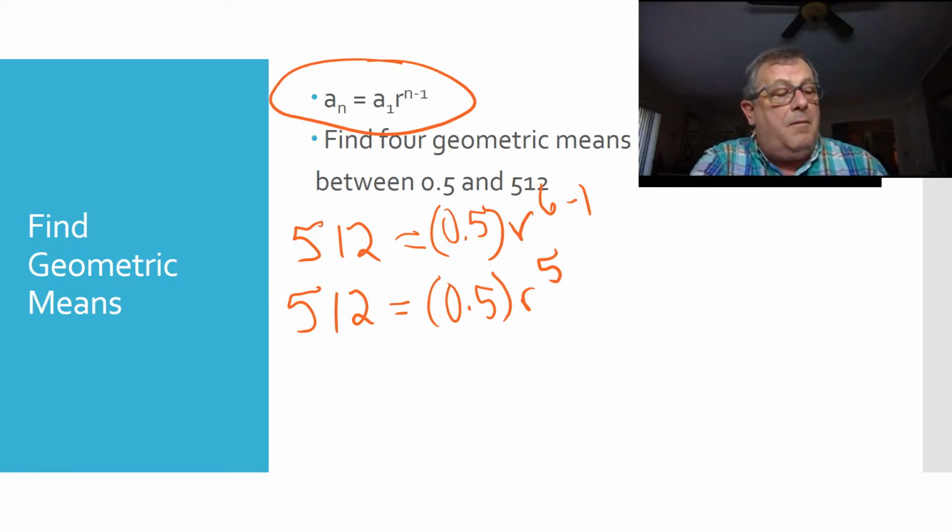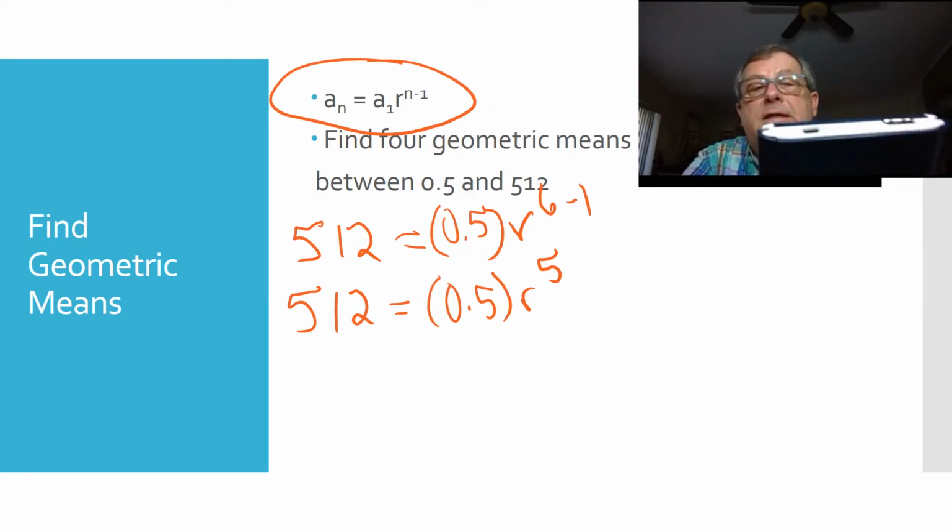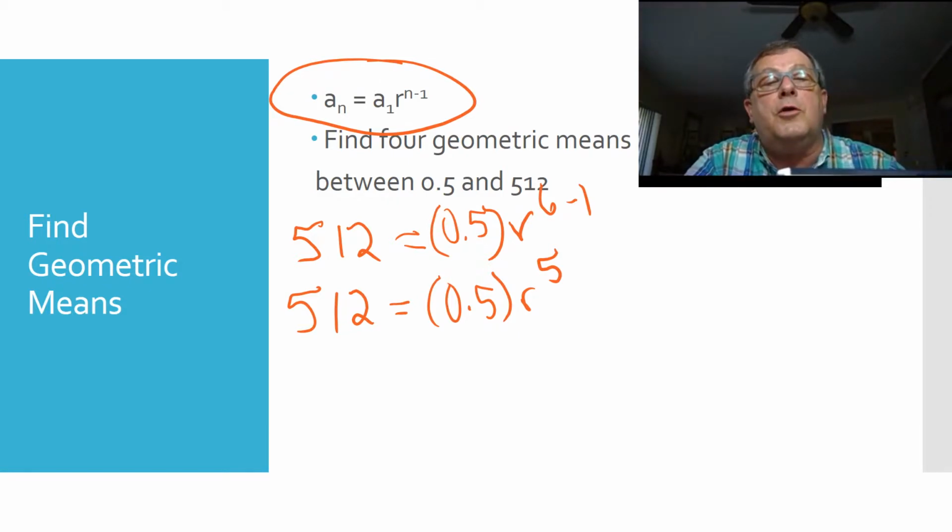But you see here that my common ratio, r, is going to be raised to the fifth power. And when something's raised to an odd power, if that's a positive number, then the odd root of that number is going to be a positive number. And if that was a negative number, the odd root of that is going to be a negative number, and we can just go with what we got. That's going to be different from what I'm going to show you in the next example when we're dealing with an even power, but we'll save that.